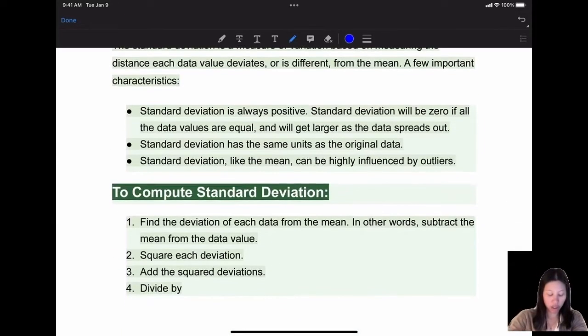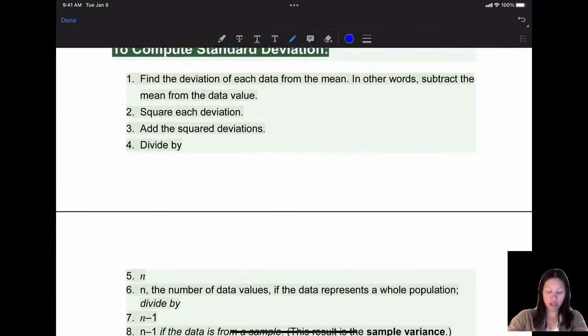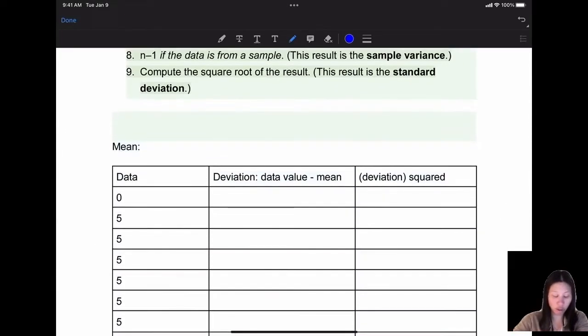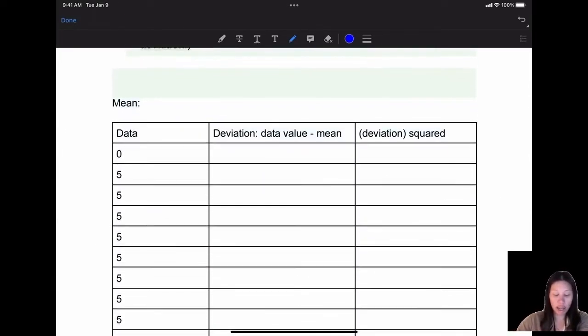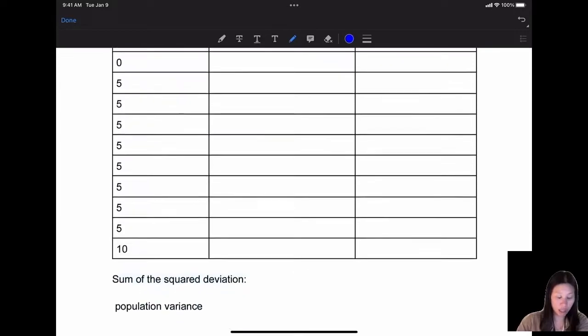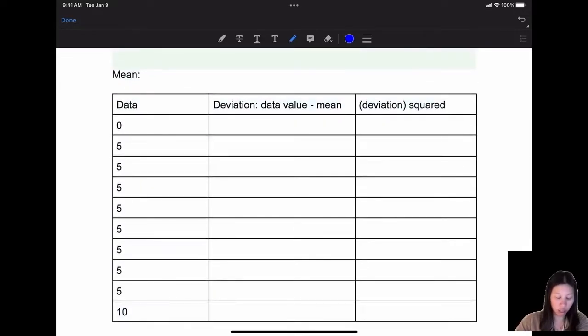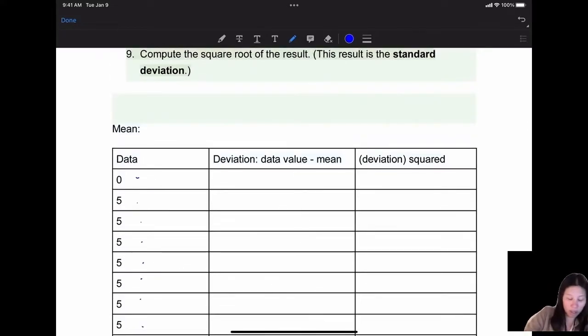So here's the way that we do standard deviation computation. I'm going to show you in here. Now you have a data set. The first step is that you need to find out the mean of this data. We have 1, 2, 3, 4, 5, 6, 7, 8, 9, 10. So the first step is you find the mean.